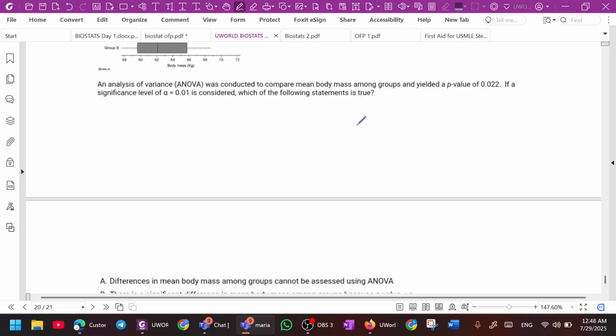Then E. There is no significant difference in the mean body mass among groups if p-value is more than alpha. P-value is 0.02, which is more than the 0.01. You think it's E? Yes. Do you understand why it's E?